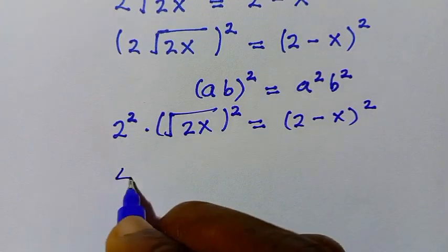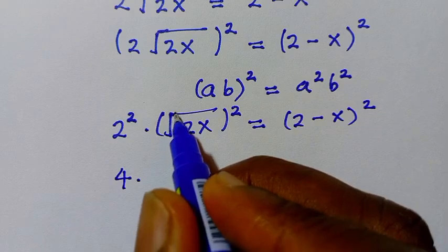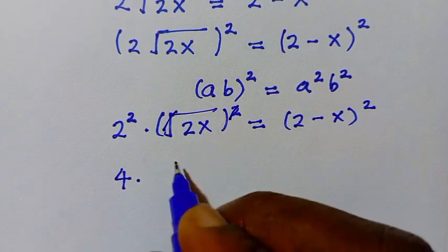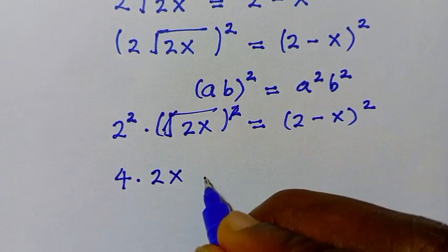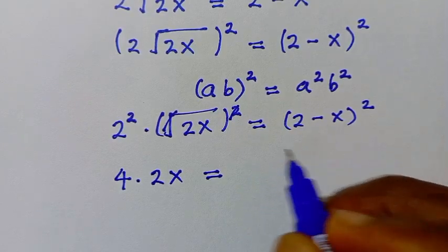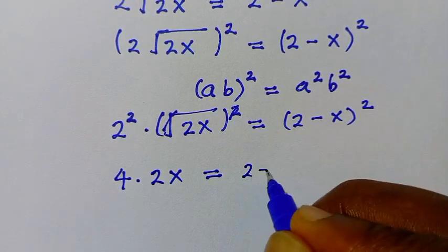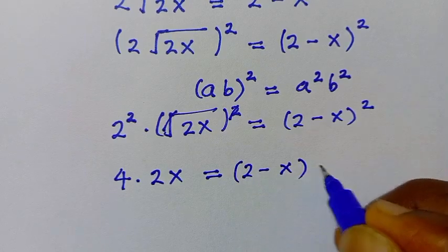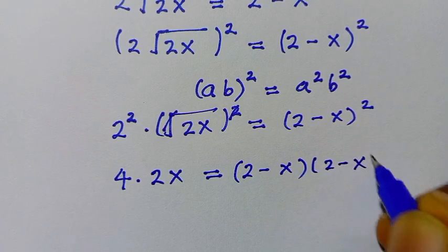Then 2 squared is 4, multiplied by, so square and square root cancelled, 2x equals, so let's say we expand this, we are going to get (2 minus x) multiplied by (2 minus x).